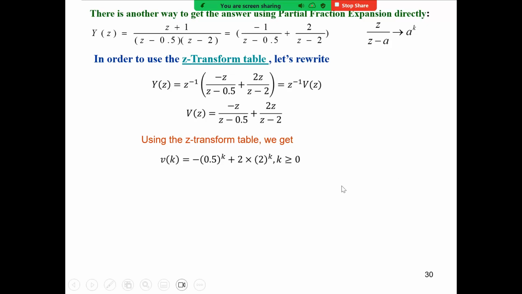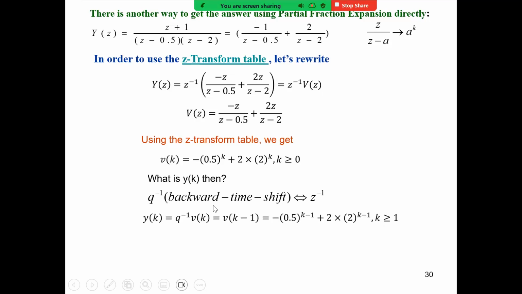Okay. Now, but what is Y? We have this V, but what is Y? Look, Y is Z inverse times V. What is the inverse in the time domain? Backward shift. Because Z to the minus 1 is the backward shift, you get v of k minus 1.